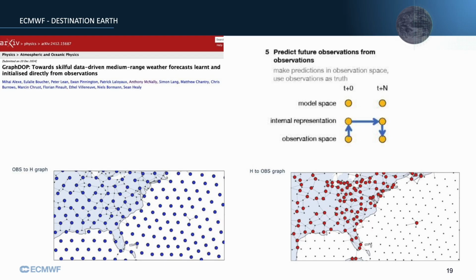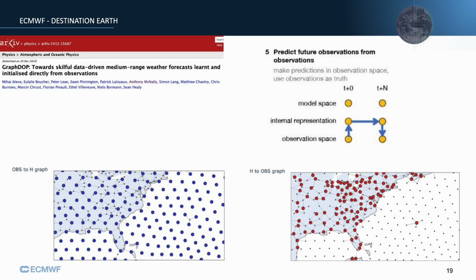But the nice thing about both approaches is that the encoder and decoder are considered as graphs. It allows us to have a lot of flexibility with our data. This is the case, for example, with GraphDOP, a model that works for direct observation prediction, and we take observations both in the input and in the output.